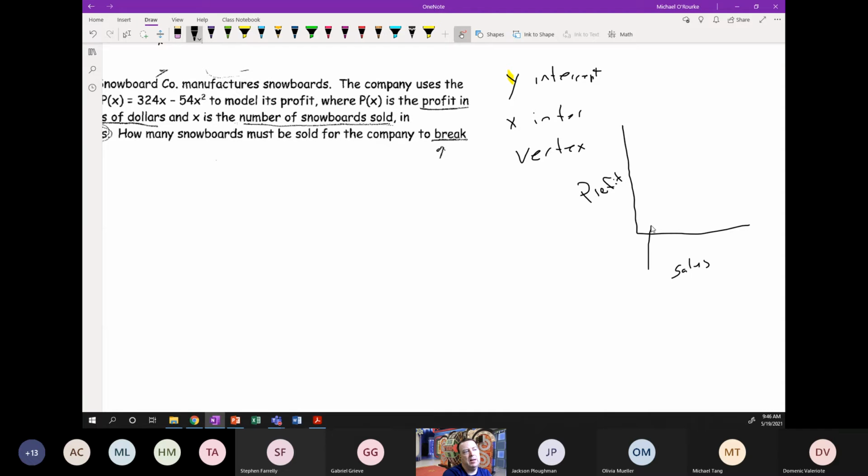It's going to look like this. At some point, we're not going to sell enough to make money. But after so many sales, we're going to start to make money. Then after so many sales, we're actually going to start losing money. That doesn't really make sense to some people. So we're looking for these 2 points right here.